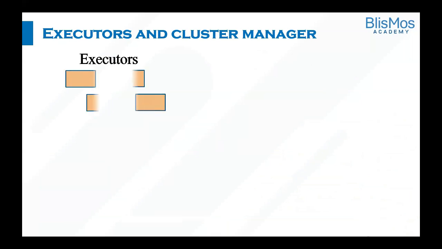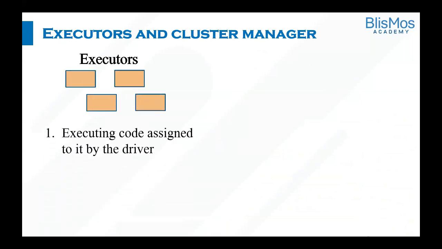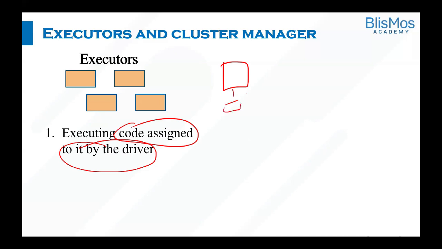Executors are nothing but components of Spark which are there in the nodes of the cluster, and which are responsible for executing the code assigned by the driver. Let us say you have a system. These systems are connected, right?